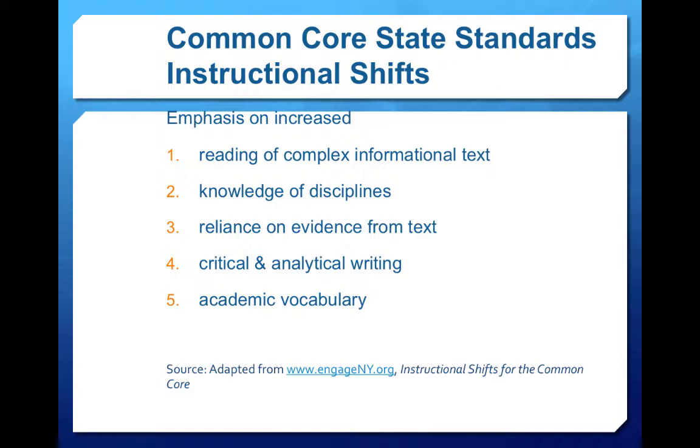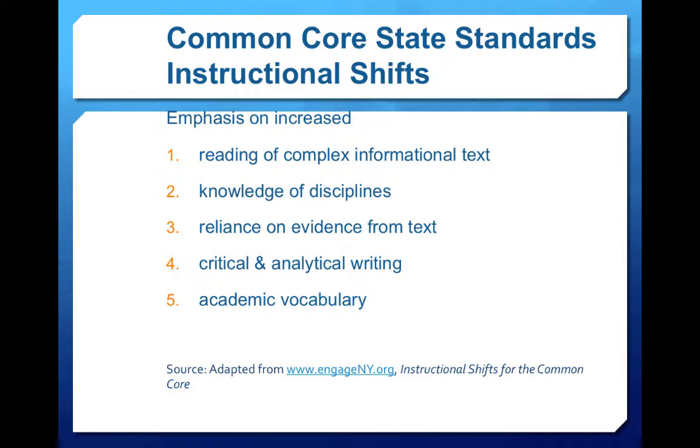So for the Common Core State Standards, if we look at the ELA standards, we'll see that the authors emphasized 5 instructional shifts as you move to the standards. The first one is on reading of complex informational text, and so having students start to read informational text in kindergarten and then up through high school.